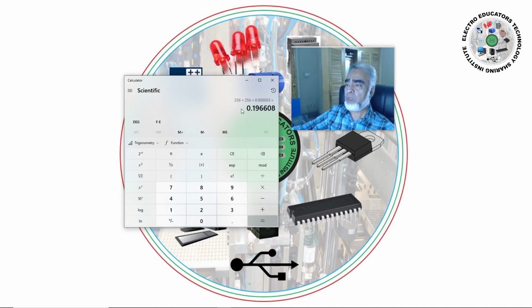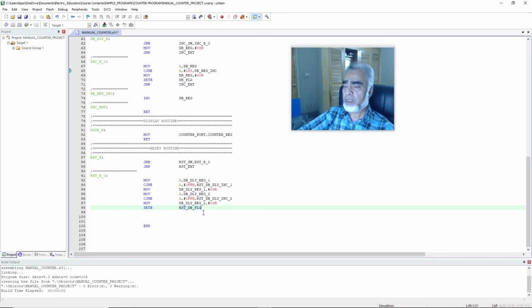So the time will be 0.1966 seconds. It means 196.608 milliseconds. After setting this flag, that is the reset debouncing flag, our program will exit from this subroutine. So here we will write JMP RST_EXIT.